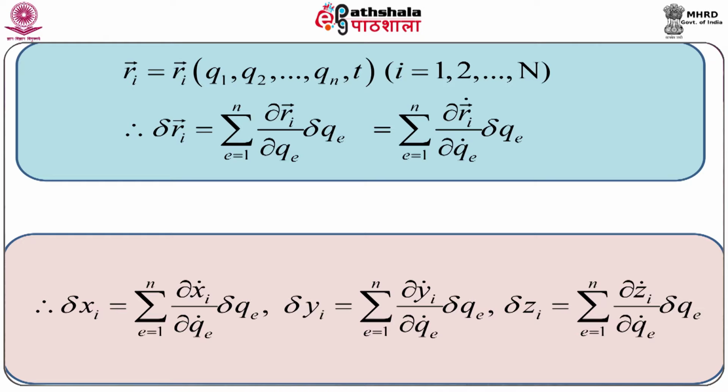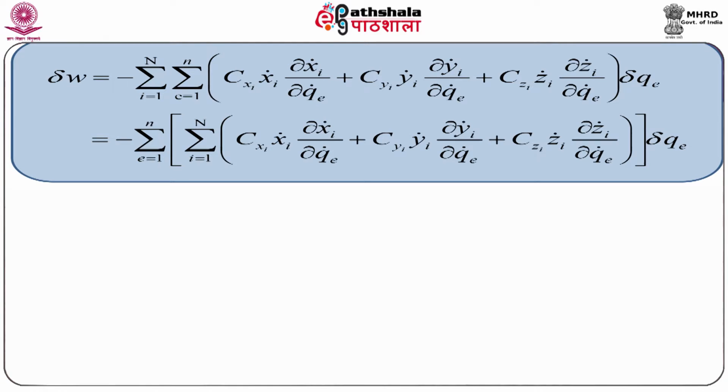In component form, we can write the above equation in this way, that is delta xi equal to summation over k del del qk dot operated on xi dot into delta qk. Similarly, we can write delta yi and delta zi. Substituting in the expression for delta w, we get this equation. Rearranging this, we get the next line.